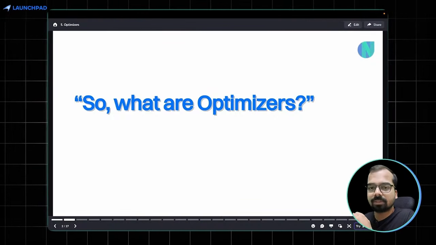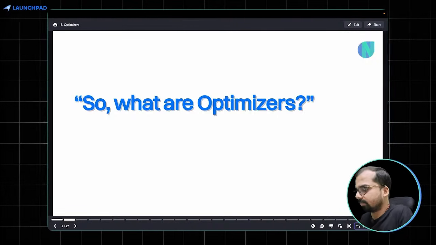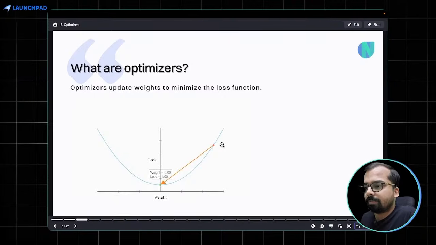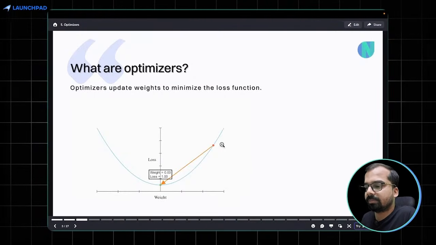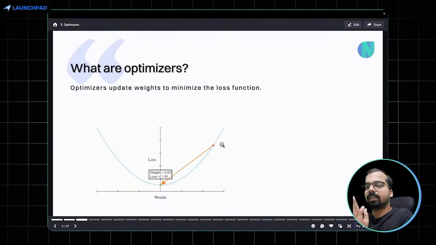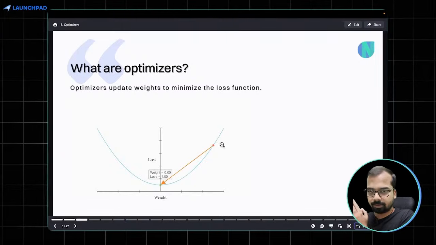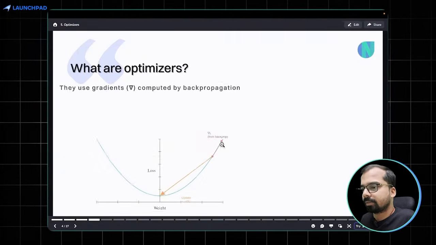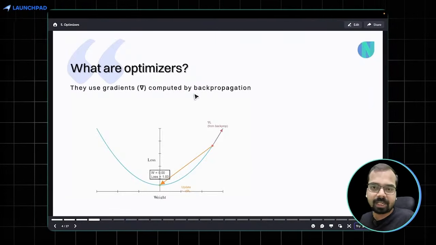They help us in doing the real training or learning from the data. Optimizers update weights to minimize the loss function. The loss function calculates how far apart my predicted output is from the actual output. They use gradients computed by backpropagation.